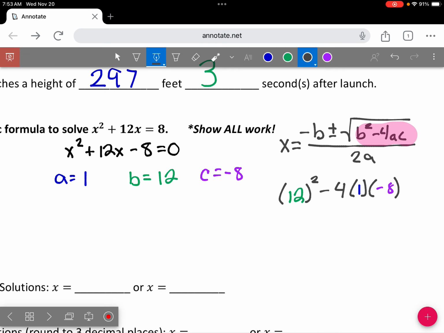So 12 squared gives us 144. Minus 4 times 1 times negative 8 gives plus 32. So the value of my discriminant is 176.